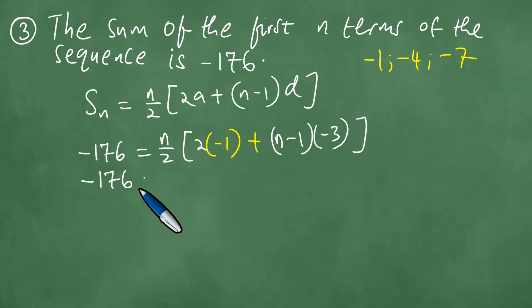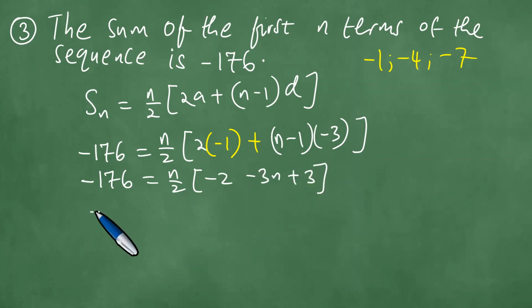So -176 equals n over 2 times (-2 minus 3n plus 3). Let's solve this.